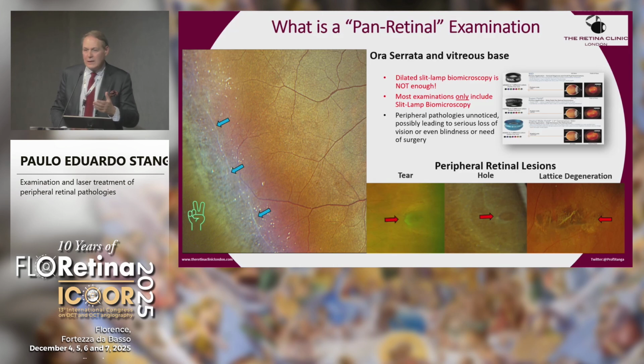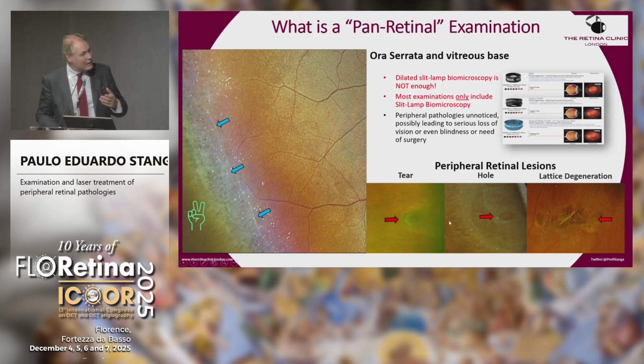Yes, you may see it in a high myope with a posterior insertion of the ora serrata, but normally you don't. So this is not a cartoon. This is an Optos RGB ora serrata. You can see the vitreous base, but we cannot access the ora serrata like this in every patient so reliably.